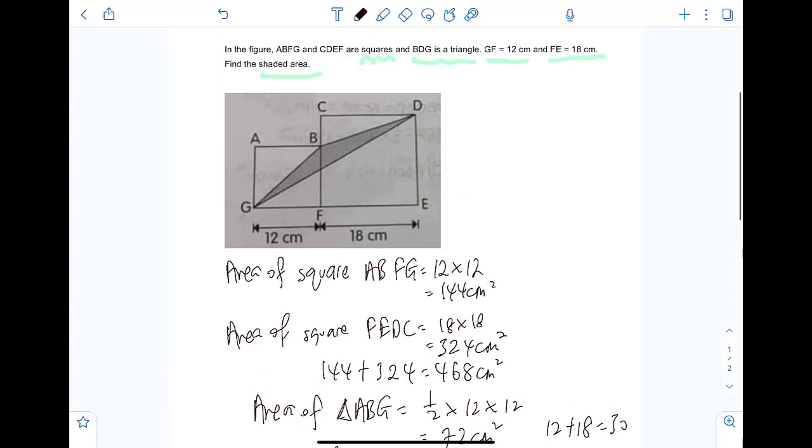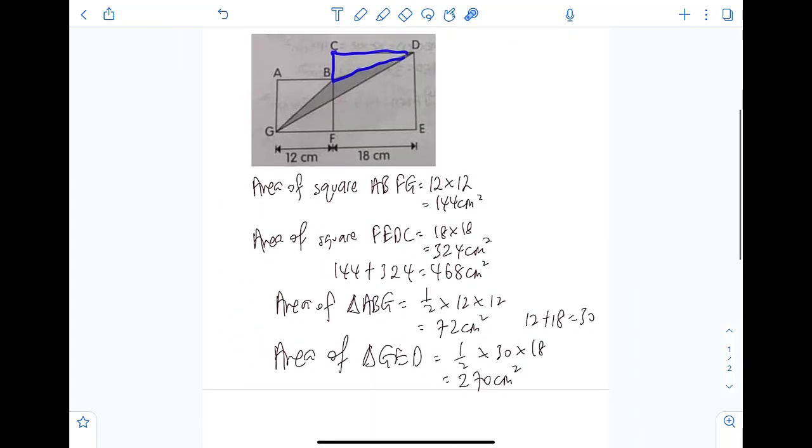Yes, one more area to find, which is this smaller one here at the top, CDB. Half times the base is pretty straightforward, that's 18.